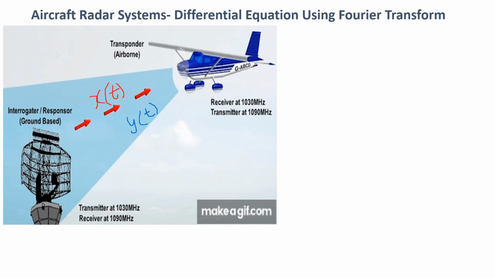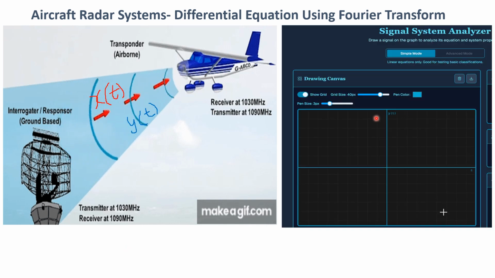So moving on forward, we have also another view. Let us say that the y of t that is transmitted back from the aircraft to the radar is drawn in this way.